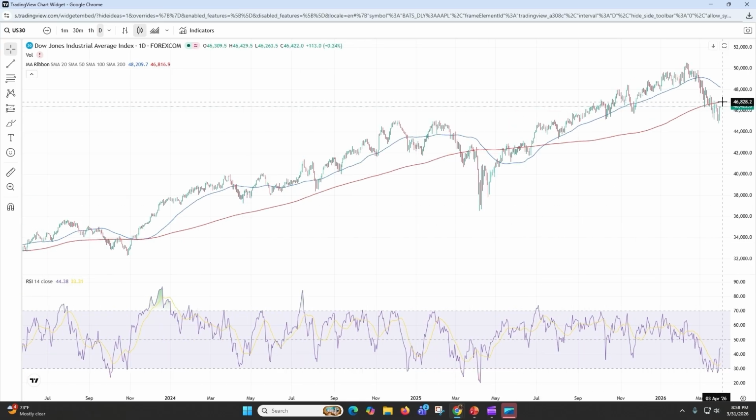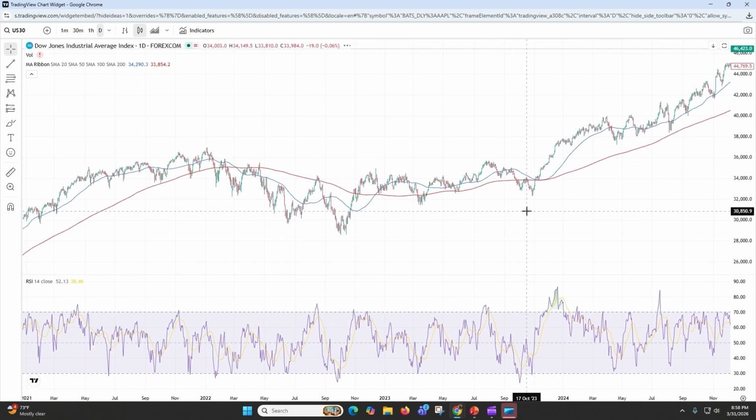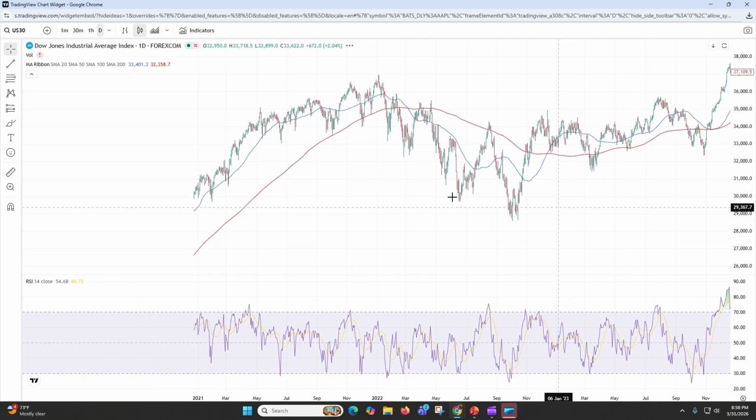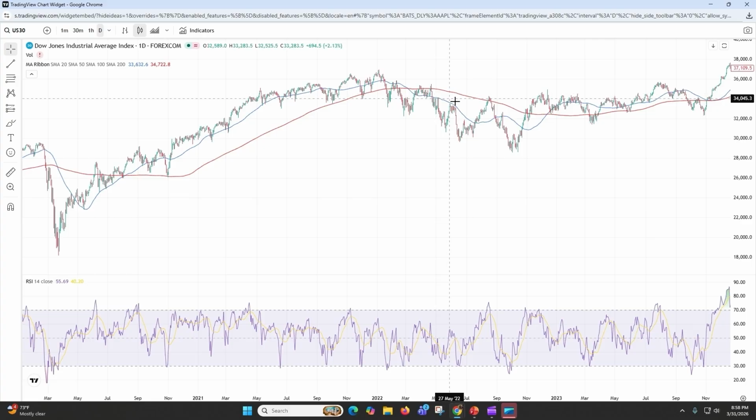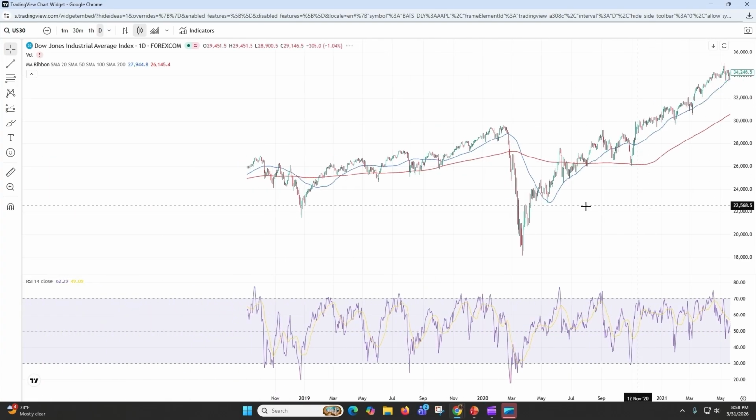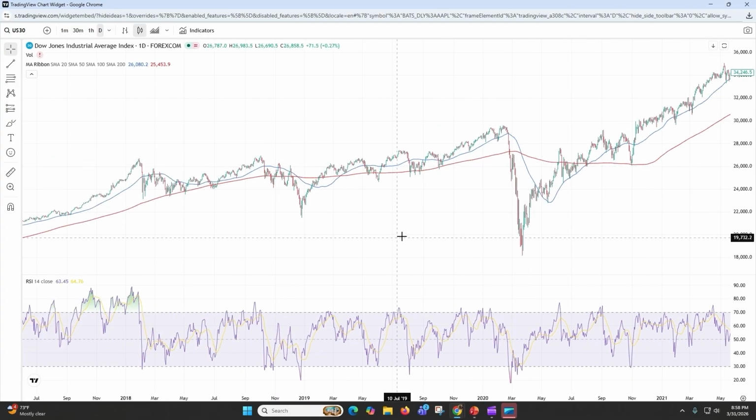Now, the Dow underneath its 200-day moving average is not all that common. We had it in 2025 for a little bit when things got pretty bad. We had it in 2023. There have been some more extended moves like in 2022, and obviously the COVID lows that we bounced out of.